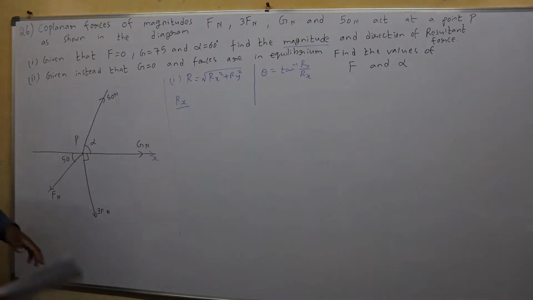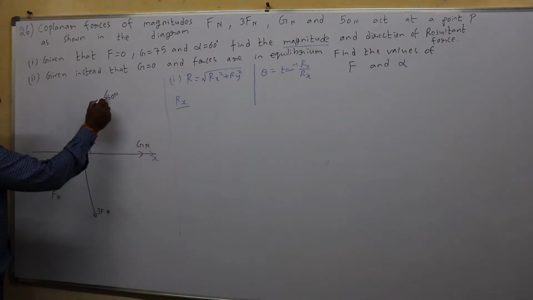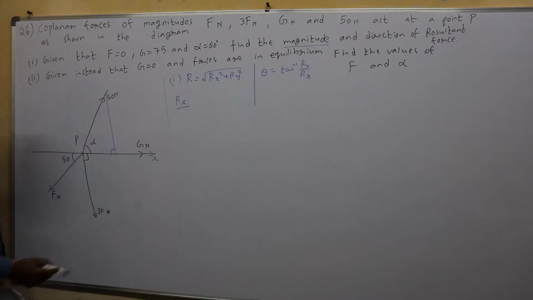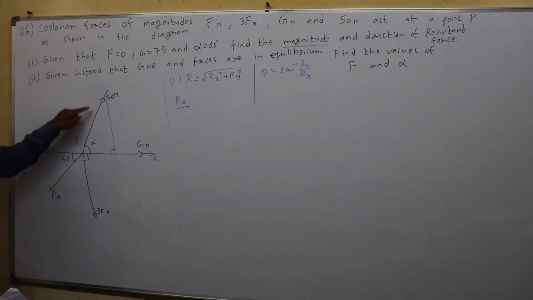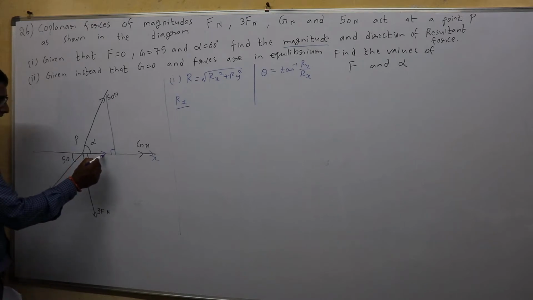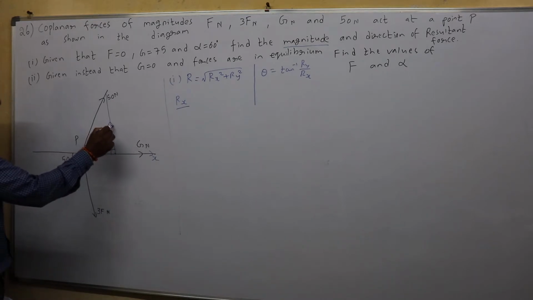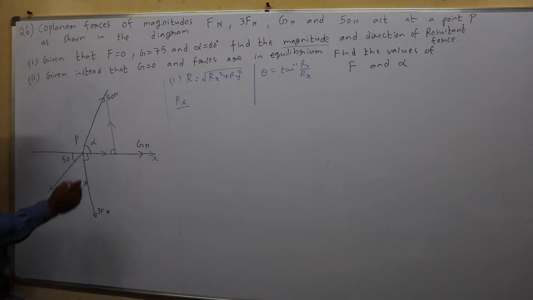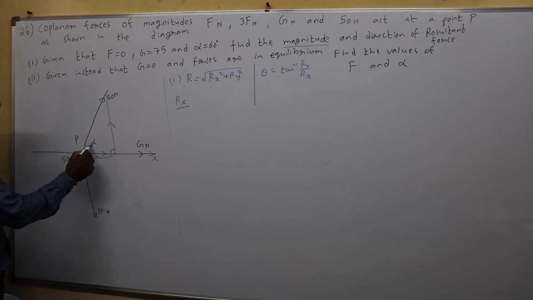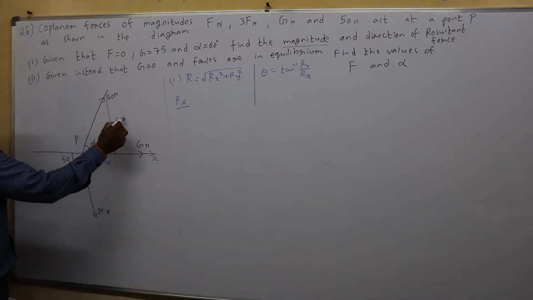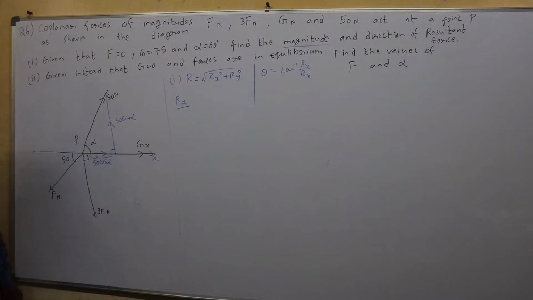For that, form a right angle triangle in this way. Instead of walking from here to here, I could have gone in this way, then from this point I could move up. Next, this is adjacent to alpha, so it becomes 50 cos alpha. This is opposite to alpha, so it becomes 50 sin alpha.